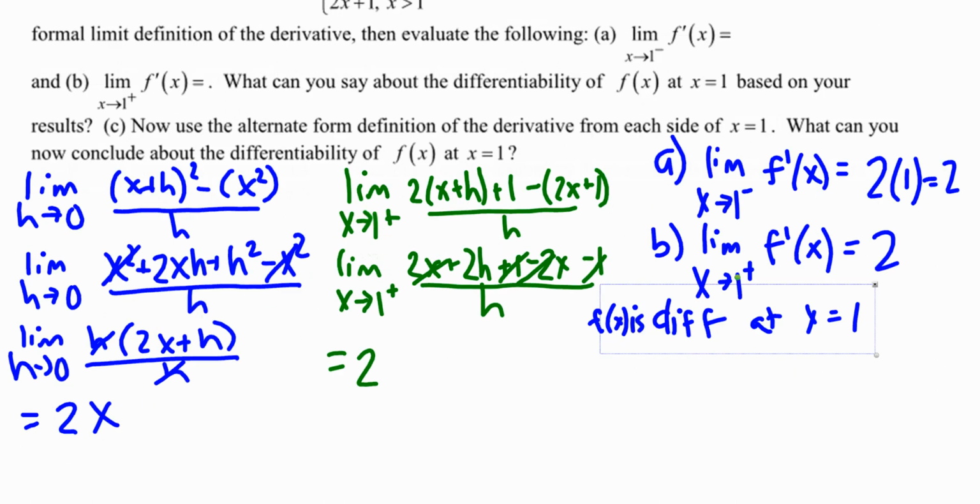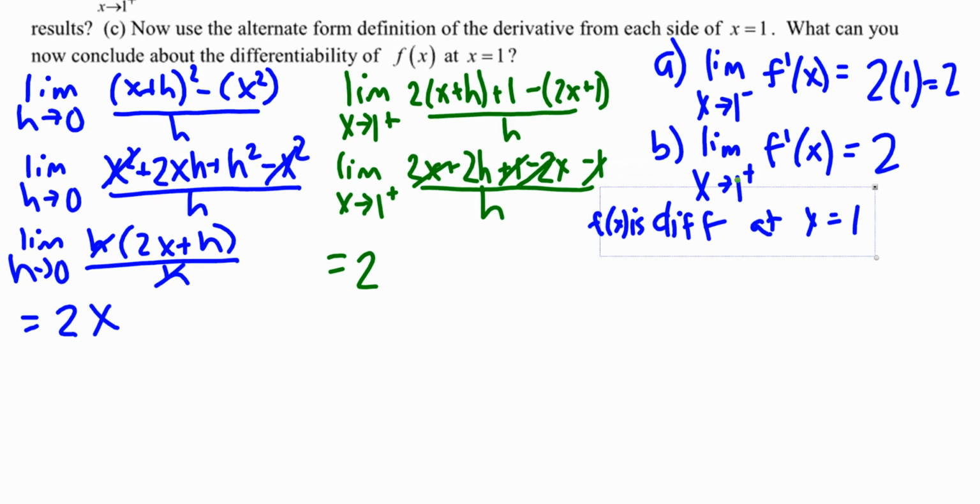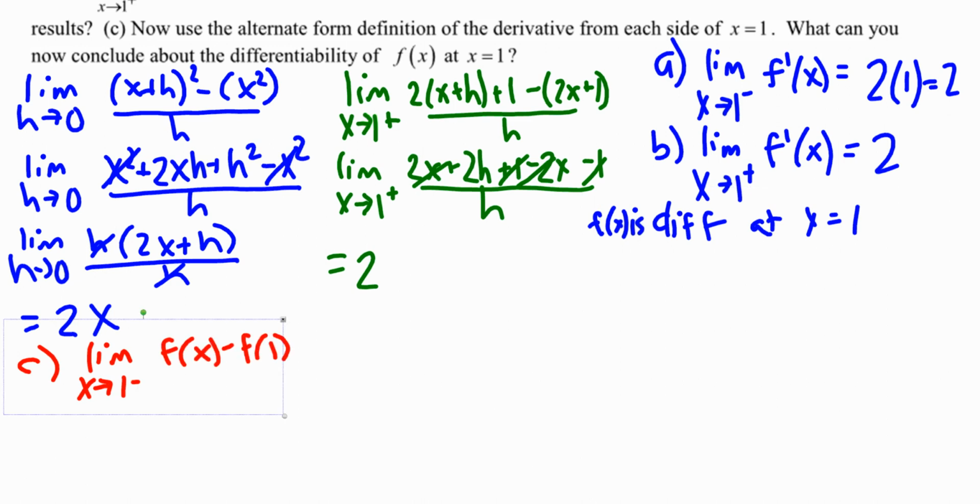Now we're going to use the alternate form. I'll do that over here. The alternate form would be this setup: limit as x approaches 1 from the left. Remember, that one's f of x minus f of 1 over x minus 1.